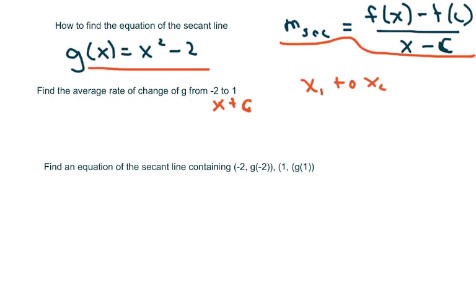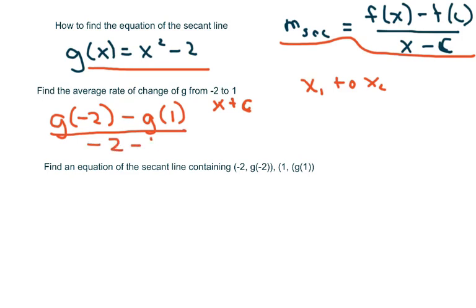So what we're going to do is plug in g of -2 minus g of 1 over -2 minus 1. And g of -2 is 2 minus, you're just plugging this number into there. -2 squared is 4. 4 minus 2 is 2.